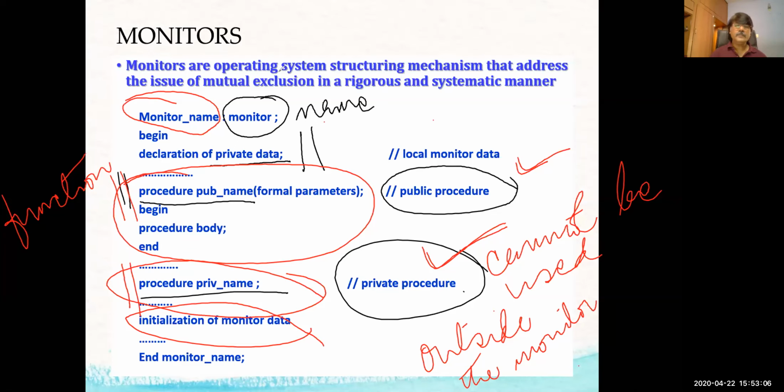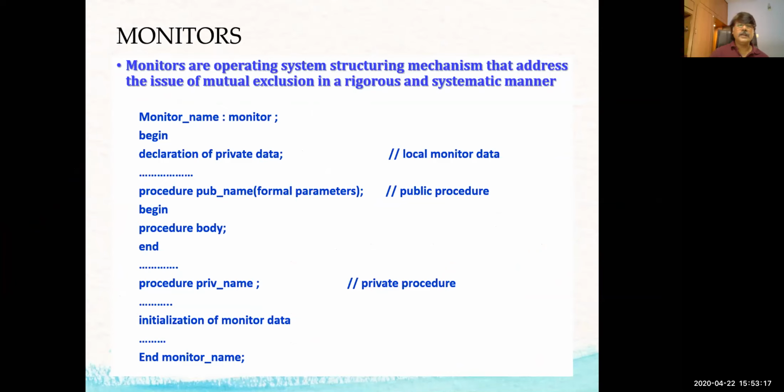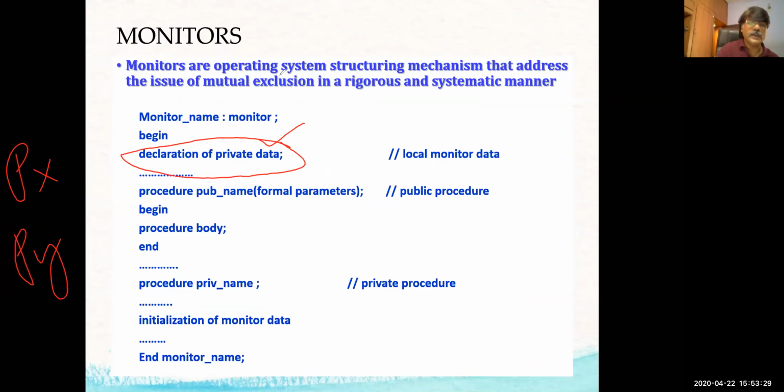So here, as I took an example of producer consumer, you have seen that the monitor will be holding the entire data with it, and it cannot be accessed by outside process because it's private. Any person who wants to use this data, like process X is there or process Y is there, if they want to use the data, they have to use the public procedure.